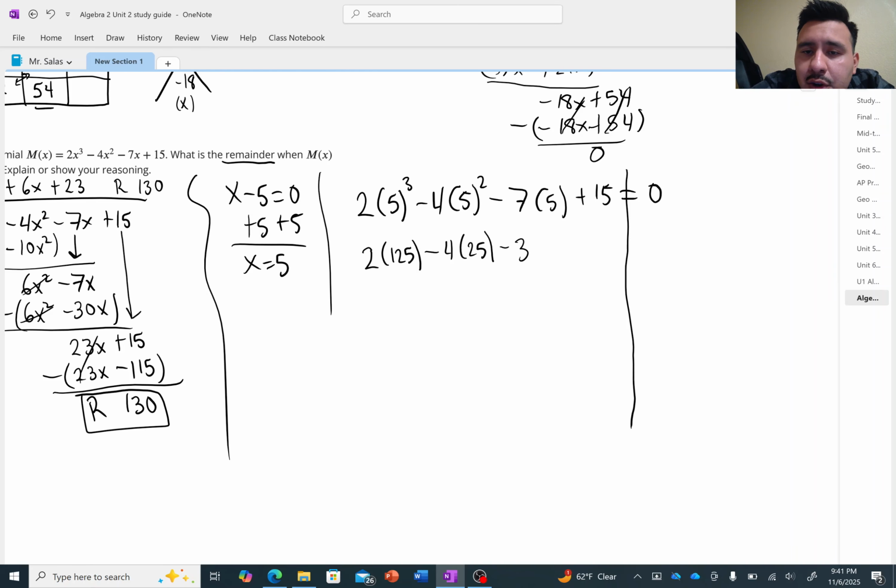That's going to be minus 35 plus 15, and that's going to be equal to 0. I know that this is going to be 250 minus 100 minus 35 plus 15. And that should again be equal to 0.